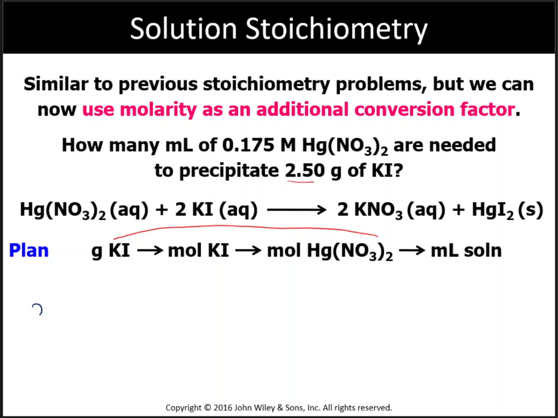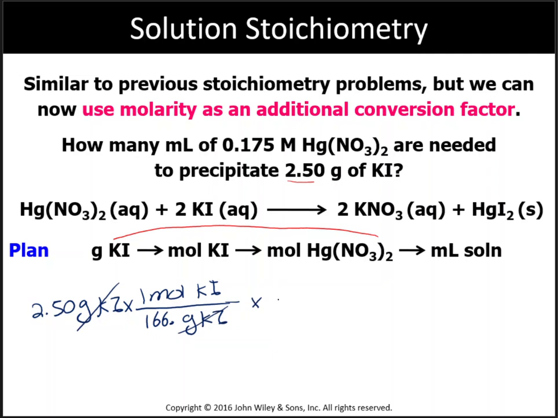So we have 2.50 grams of potassium iodide. To convert this to moles, we're going to have to use the molar mass of potassium iodide, which is the mass of 1 potassium plus the atomic mass of 1 iodine, which is 166 grams per mole of potassium iodide.